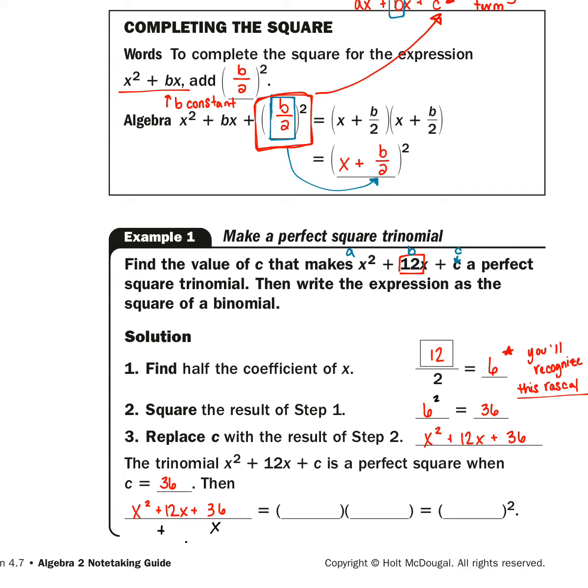So every time this happens, we end up with 6 and 6. When you add them, it makes 12, and when you multiply them, it makes 36. So our two factors are x plus 6, x plus 6.